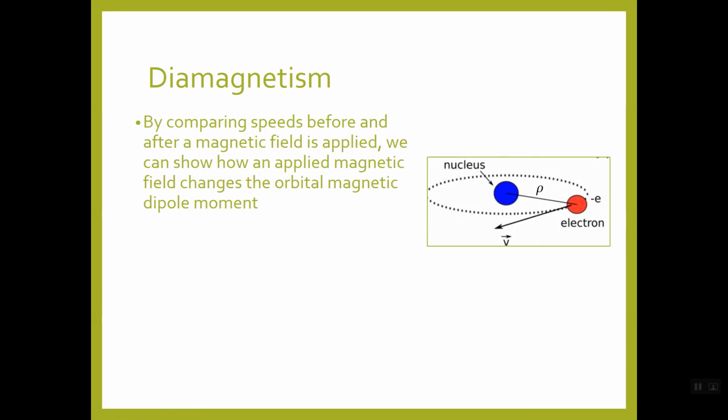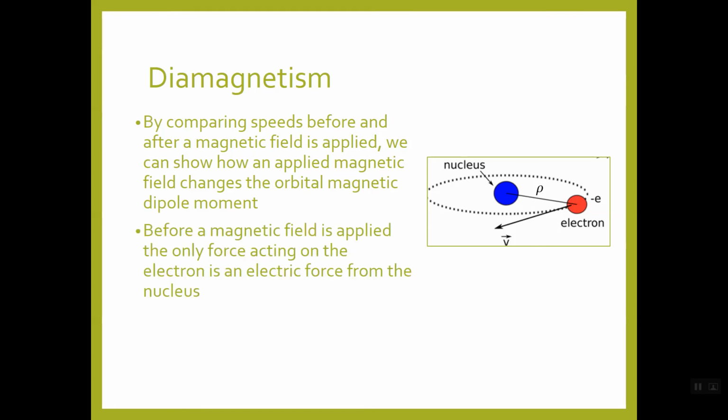So if we can compare the speeds before and after an applied magnetic field, we can show how an applied magnetic field changes the orbital magnetic dipole moment, m. So before a magnetic field is applied, the only force acting on the electron is going to be the electric force that it feels from the nucleus, the attractive force from the positive charge of the nucleus.